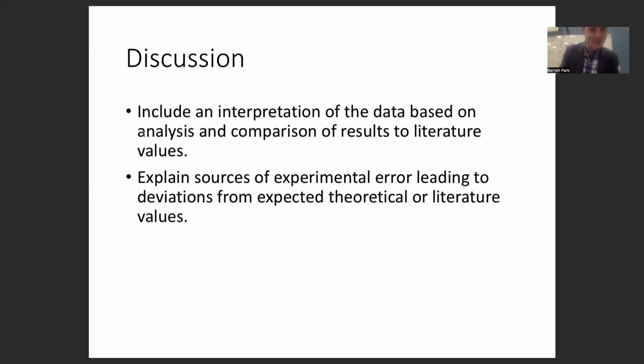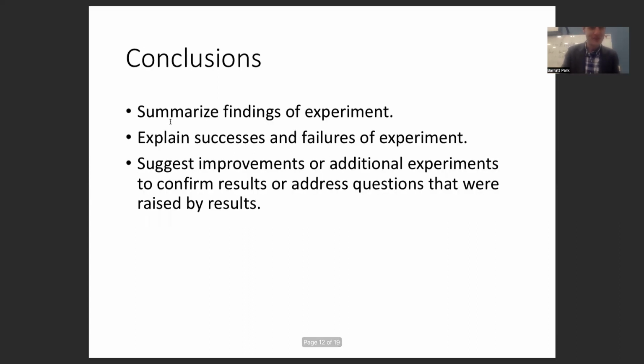Okay, next is the discussion. You want to include an interpretation of the data based on analysis, and comparison of the results to literature values. You can explain sources of experimental error. In the conclusion, you can summarize the main findings. You can explain whether the experiment was a success or failure. And you could suggest improvements, right?